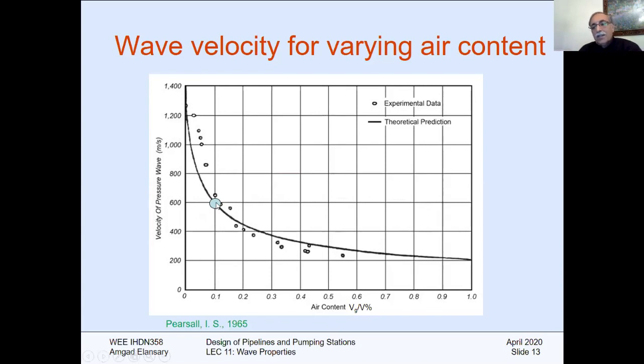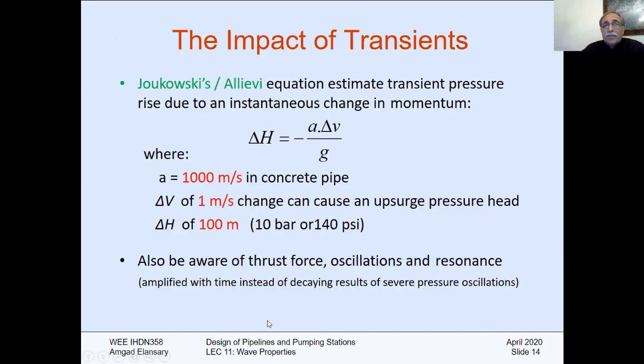So we have to take care of this value during our calculation. If we are studying a liquid with some high air content, we have to look for that. So this is a positive indication for the water hammer. This has been derived by Pressel in 1965 in his famous paper.